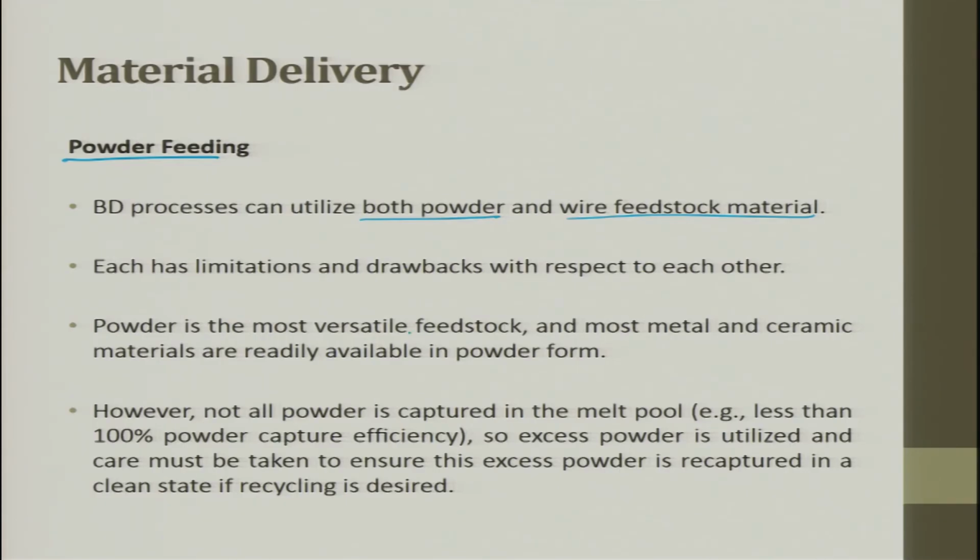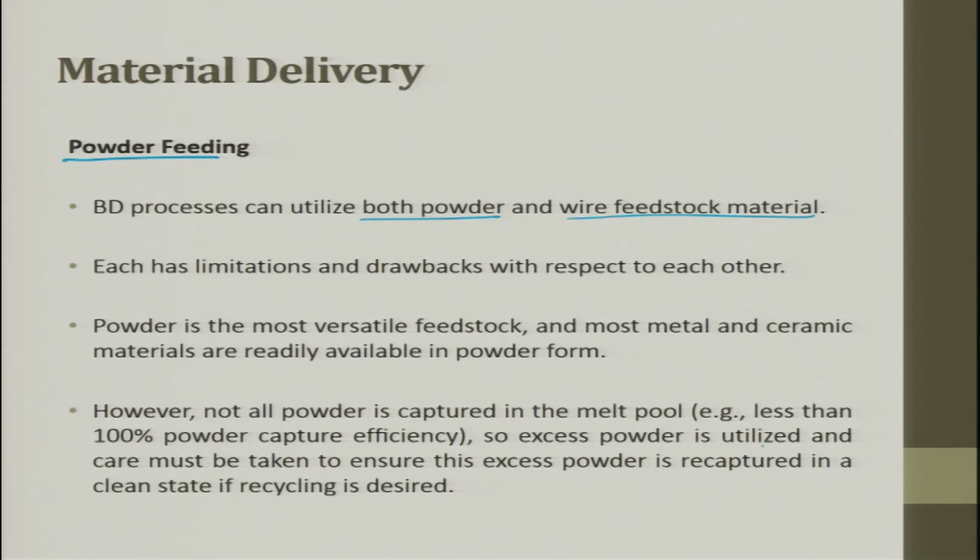The powder is the most versatile feedstock, and most metal and ceramic materials are readily available in powder form, because you do atomization. Metal you melt and atomize, like how you spray from the injection nozzle in your cylinder. Like that you can also atomize and get metal powders. However, not all powder is captured in the melt pool.